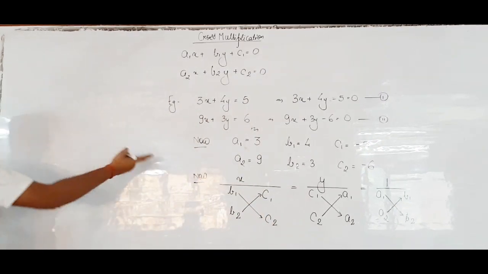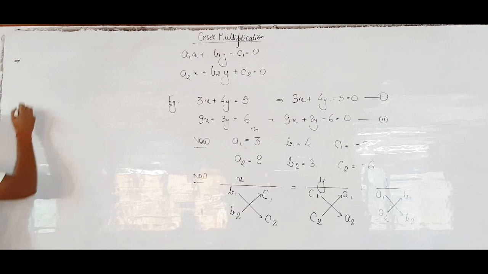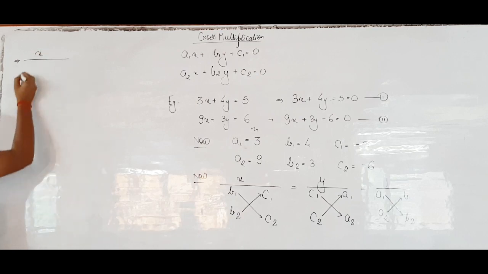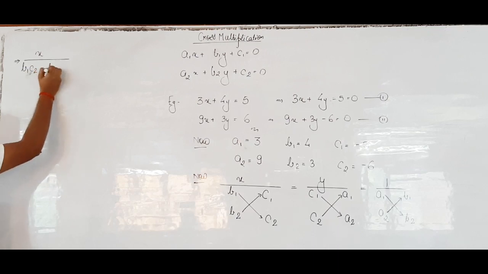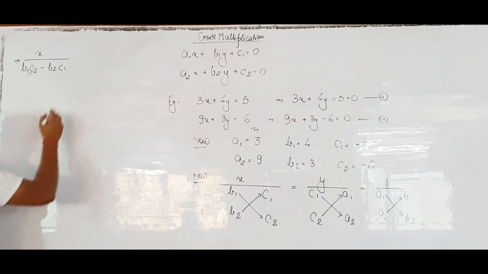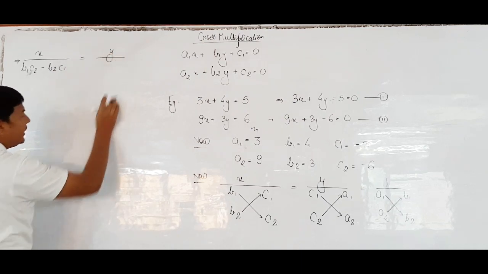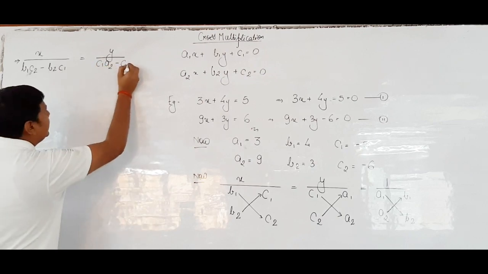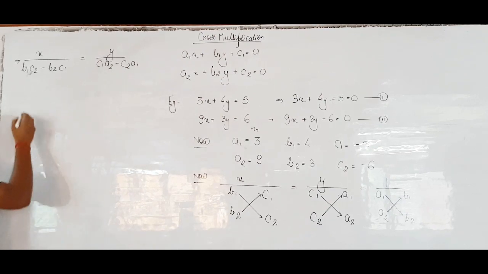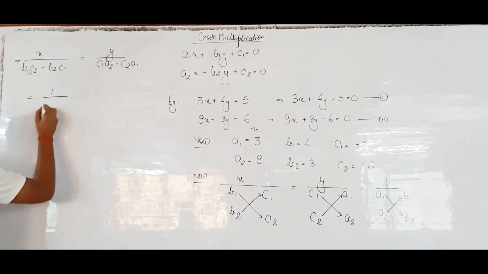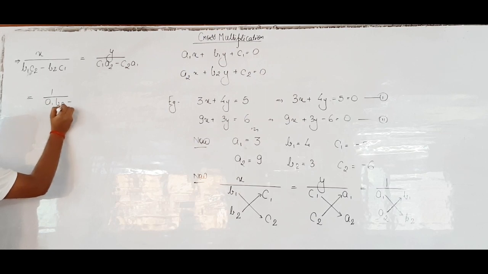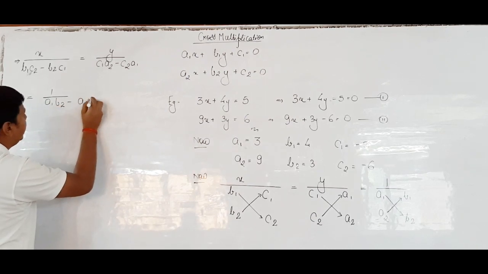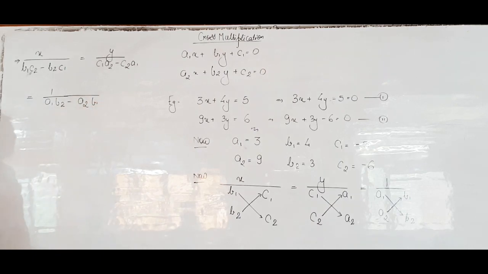Now we will write this like that: x by B1 C2 minus B2 C1 is equal to y by C1 A2 minus C2 A1, is equal to 1 by A1 B2 minus A2 B1. So that's the formula for cross multiplication.